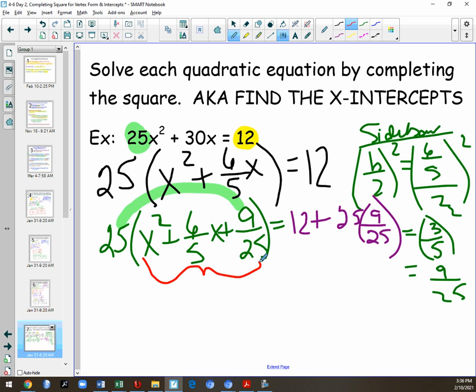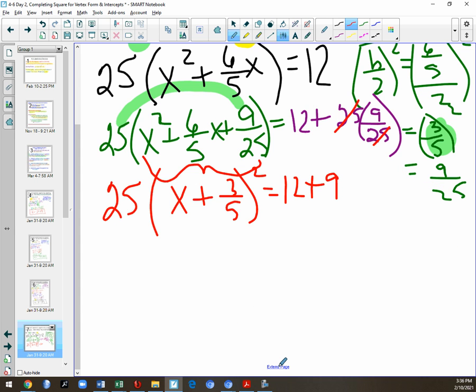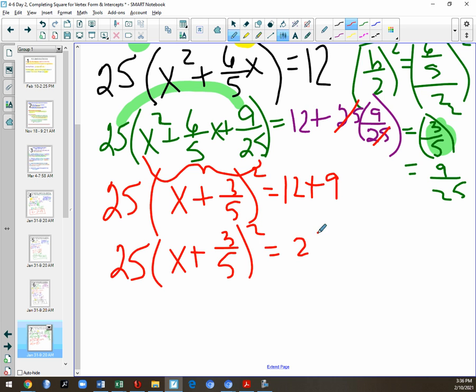So these three terms are going to turn out to be 25 parentheses x plus, where is this coming from? Right here, 3/5 is equal to, those 25s cancel out, 12 plus 9. So I have 25 parentheses x plus 3/5 squared is equal to 21.